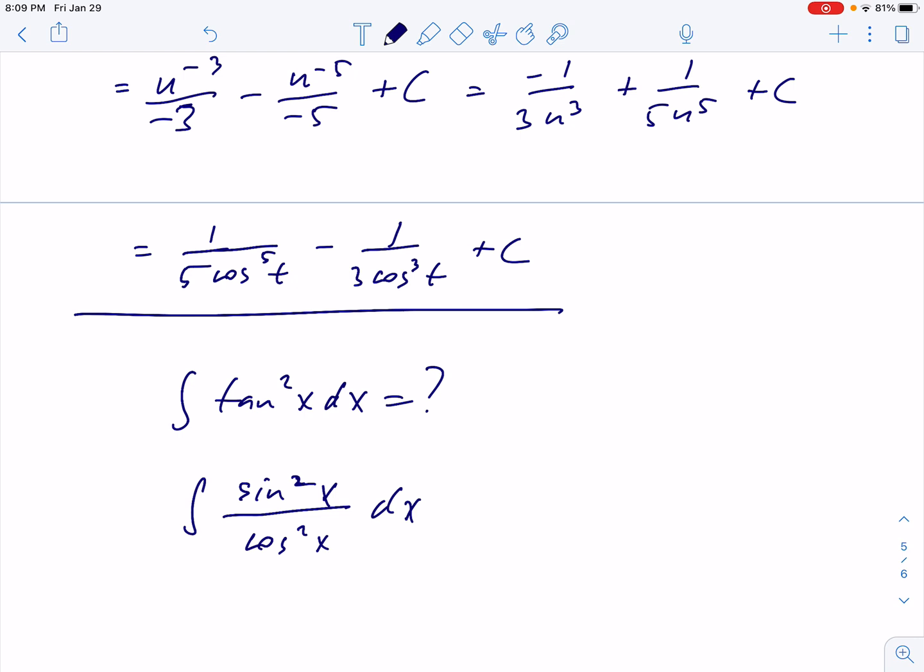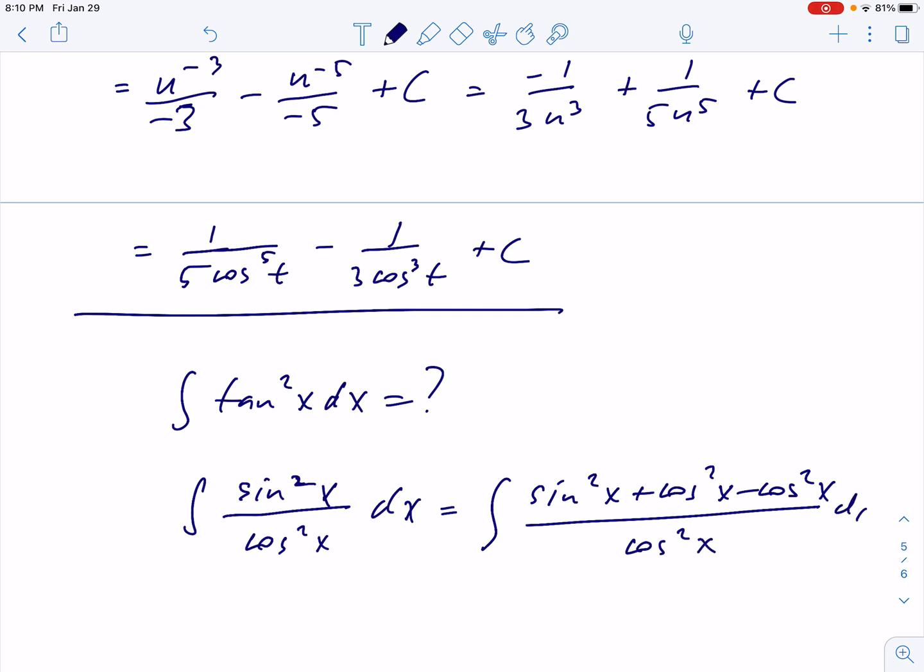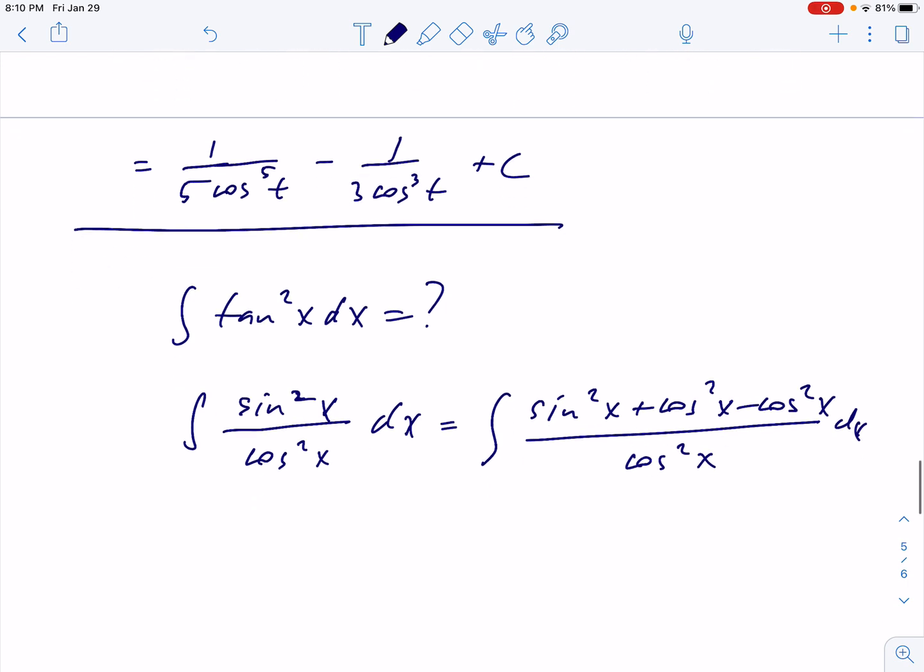And then what? And then a simple trick. I'm adding and subtracting cosine squared in the numerator. Sine squared plus cosine squared is 1.